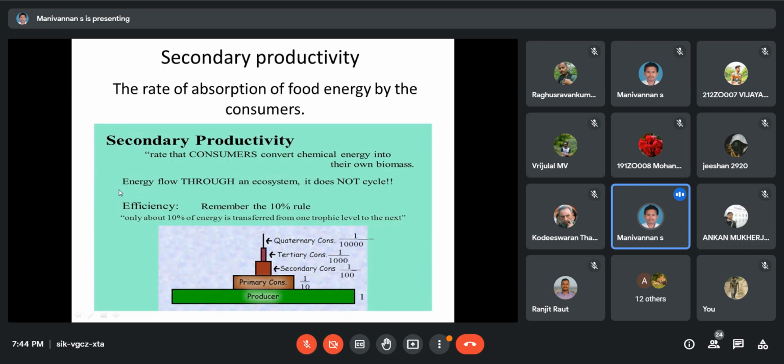The remaining 90% of the energy is lost. If you look at the graph, it explains this clearly. Only 10% of the energy is transferred from one trophic level to the next trophic level.